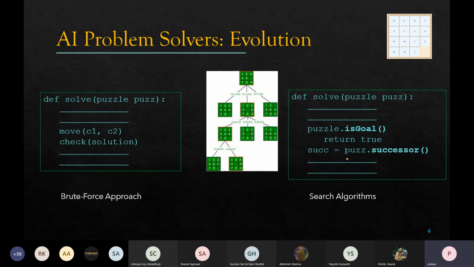So for example, this problem can be mapped in a state space where you have multiple states. And if you take an action, you go to another state. From a state, you apply a successor function to go to the successor state. And at each step, you are just trying to check whether the state that you arrive at is a goal or not.